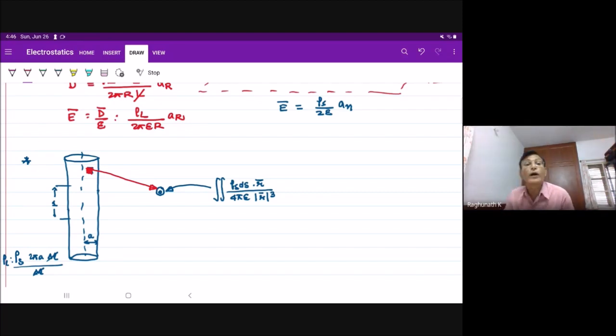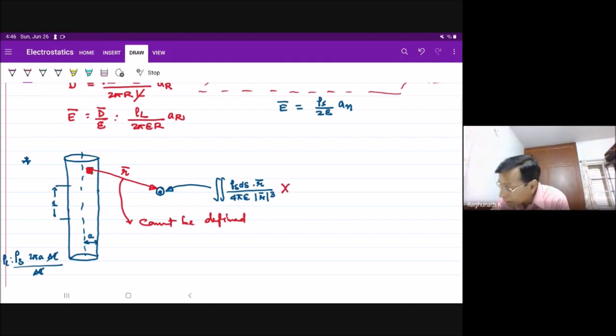Since it is not possible to define, a general vector R bar cannot be defined. So we cannot use this integral to determine the electric field intensity.